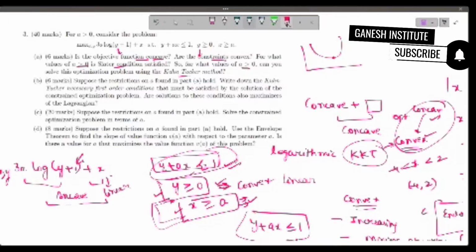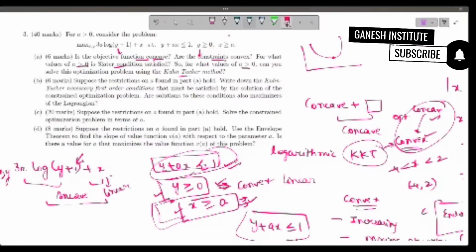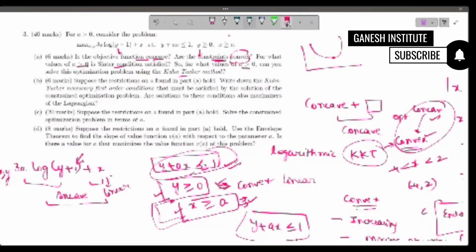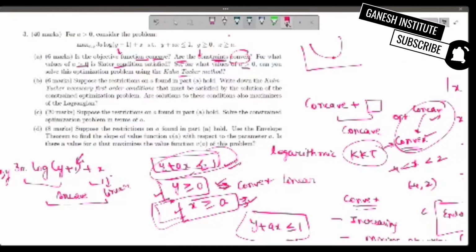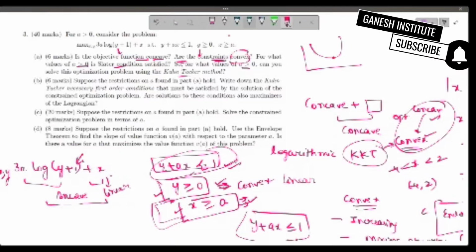Then we proved that y is greater than or equal to 0 and x is greater than or equal to a are both convex in nature, because it is an increasing function. It is following the norm of convexity.